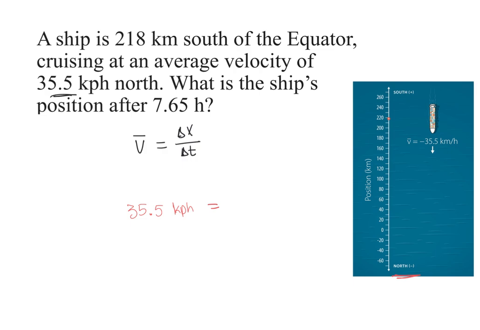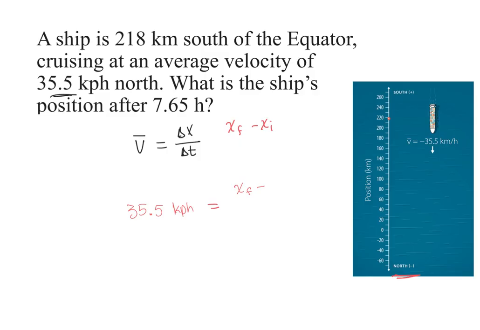And so it says it is 218 kilometers south of the equator, all right, south of the equator. And so it tells us the current position. We do not know the final position. So remember, when we set this up, we have final minus initial. And so we do not know the final position. That's actually what they're asking.